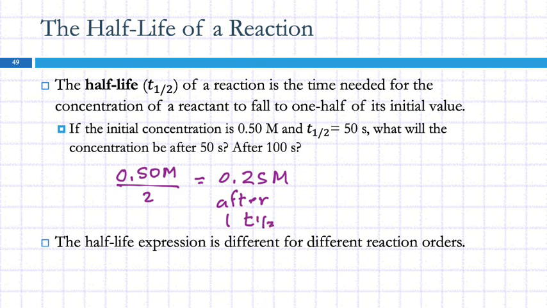What happens in the next 50 seconds? It gets cut in half again. So 0.25 molar divided by 2 equals 0.125 molar. So this is our concentration after 2 half-lives.